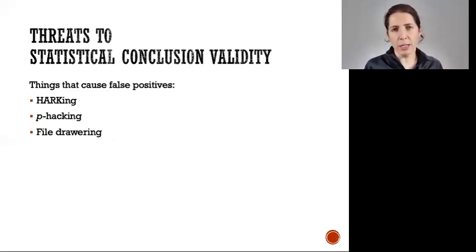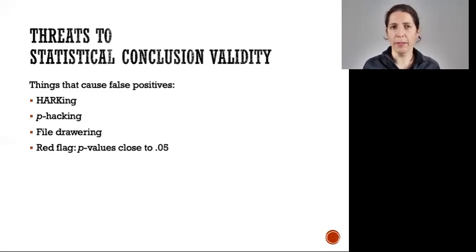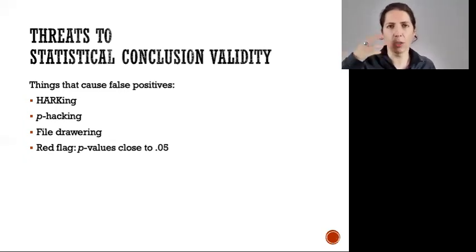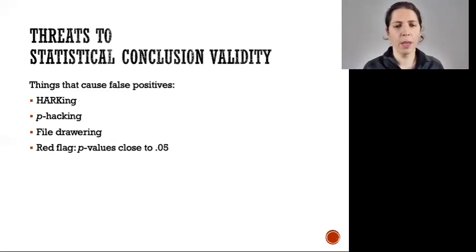I don't have time to get into why this is, but I'd be happy to chat about it with any of you. But it turns out that if the p-value associated with the result is close to 0.05, like it's 0.04, 0.03, 0.06, anywhere in that range of just below 0.05 or at or just above, but they're still interpreting it as a positive finding, that's a reason to be a little bit more skeptical.